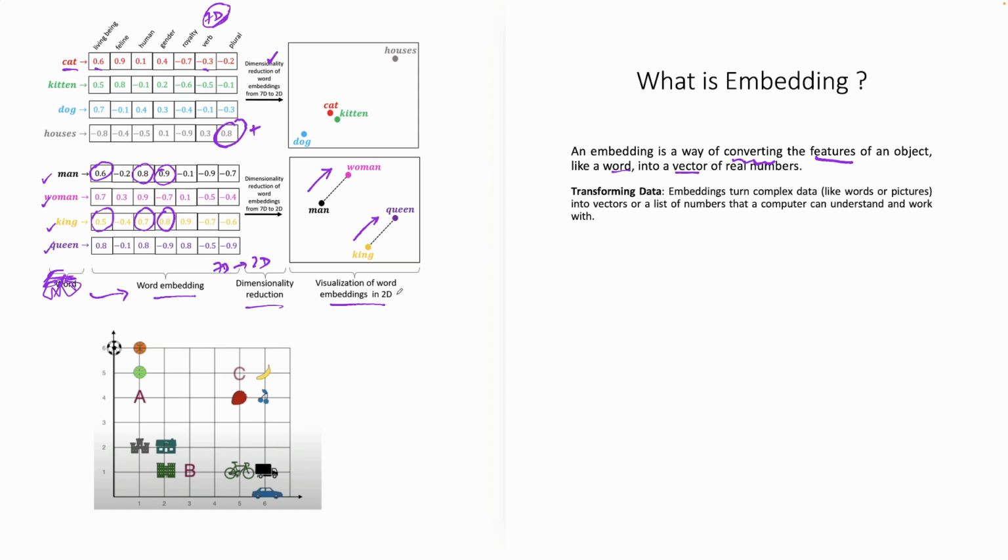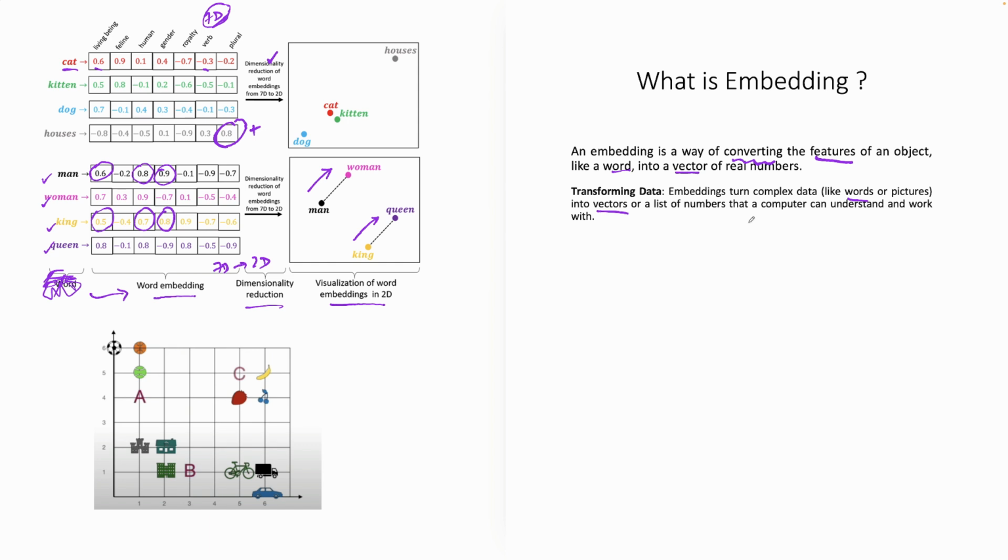When we talk about embedding, we are transforming the data. Embedding turns complex data like words or pictures into vectors, or a list of numbers, that a computer can understand. Now, we always know from our basics that computers only understand numbers.